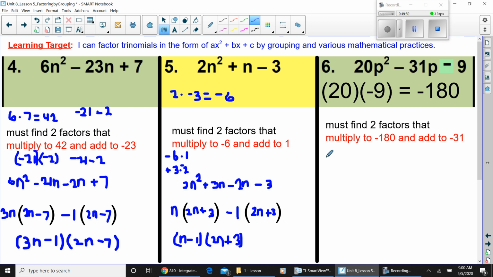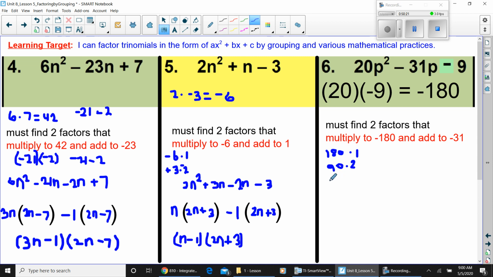So I am going to start with 180 times 1, and you cannot make 31 out of that. 90 times 2, again, can't do anything with that because it has to add to a negative 31.